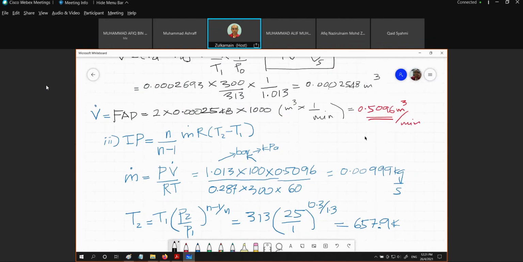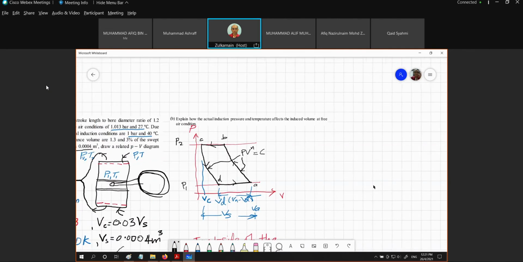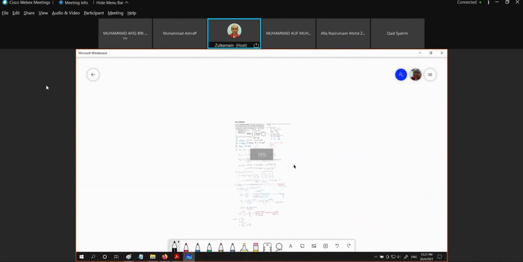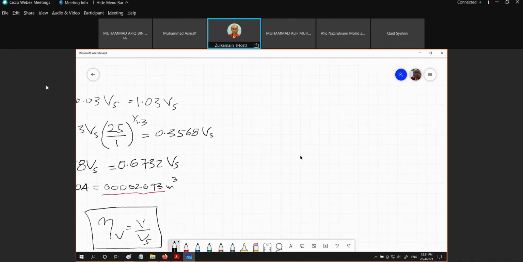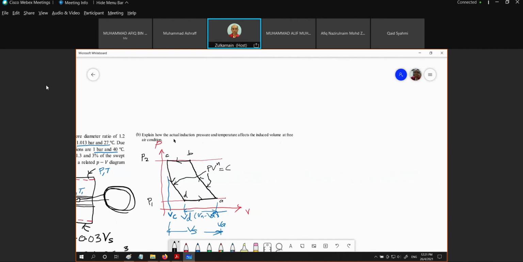The next question, part B. Explain how the actual induction pressure and temperature affects the induced volume at free air condition.